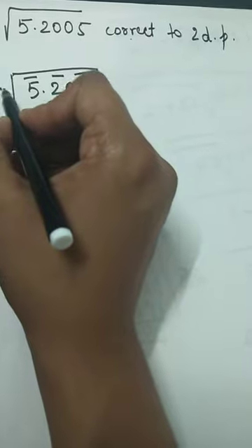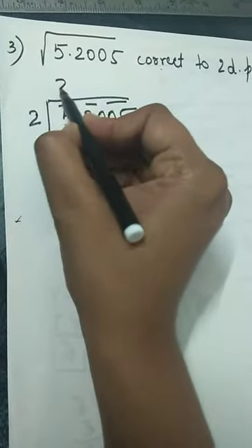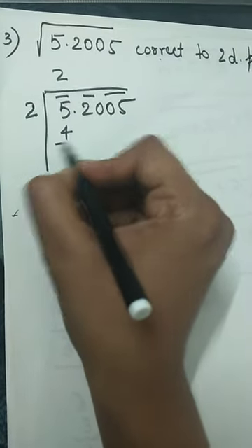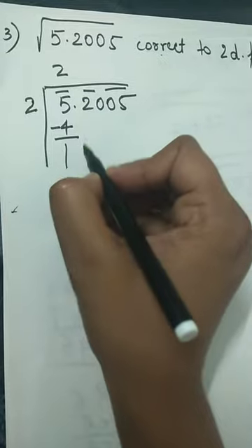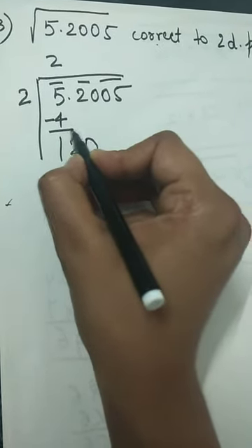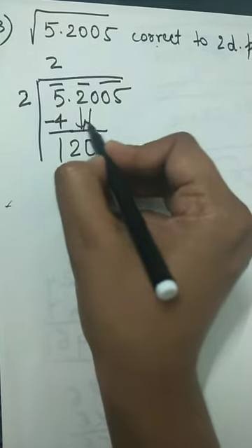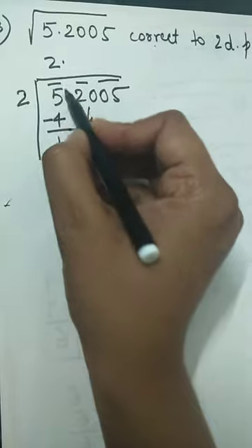Square of 1 is 1, square of 2 is 4. So here it will be 1, and we will copy down the next pair, which is 2 0.